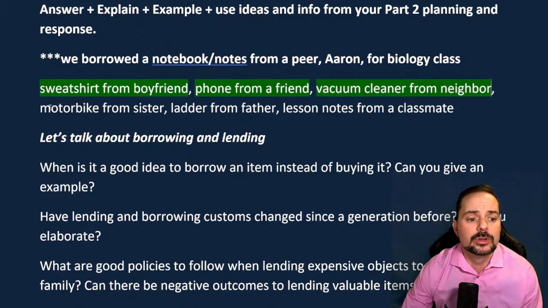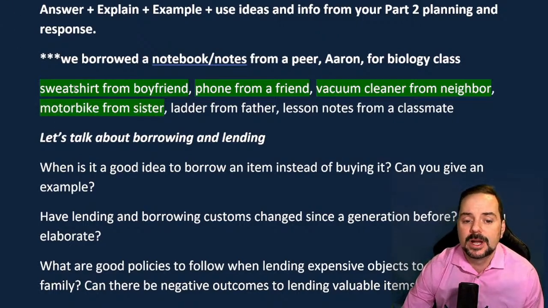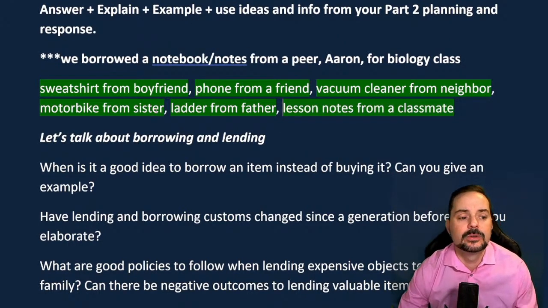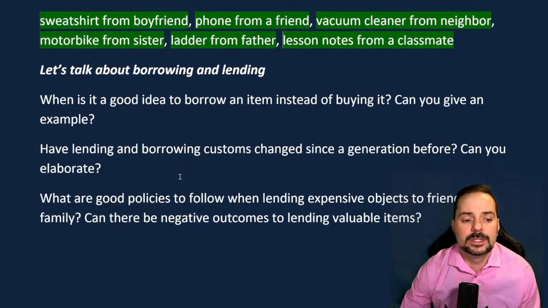You could borrow some kind of transportation device like a motorbike from a sister, a bike, car from an uncle, some kind of tool, a ladder from your dad, maybe a hammer. Or something for work or school like notes for school. So those ideas you want to keep in mind.